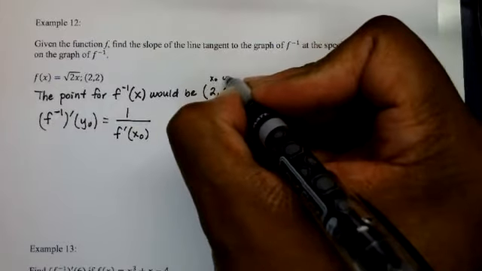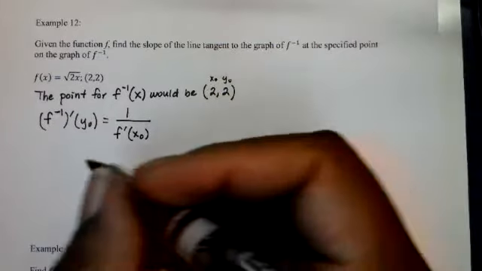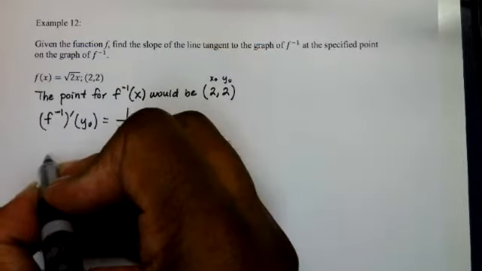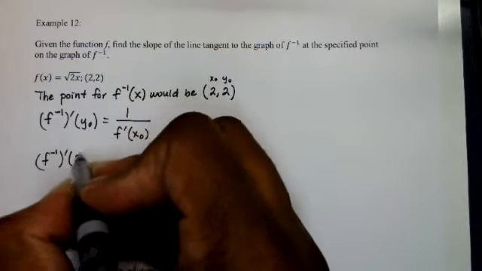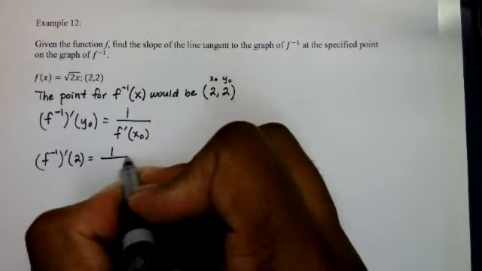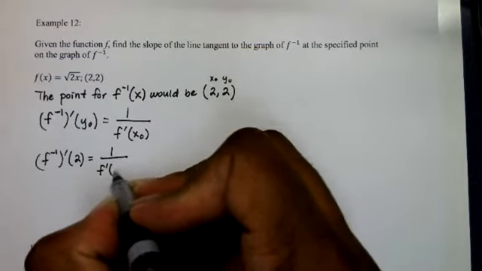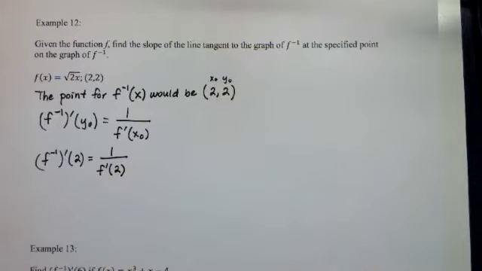So this is x sub 0, this is y sub 0. So y sub 0 will be 2, so f inverse prime of 2 is going to be equal to 1 over f prime of 2.